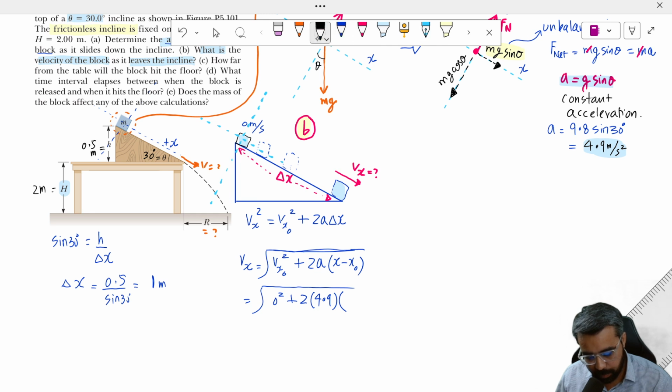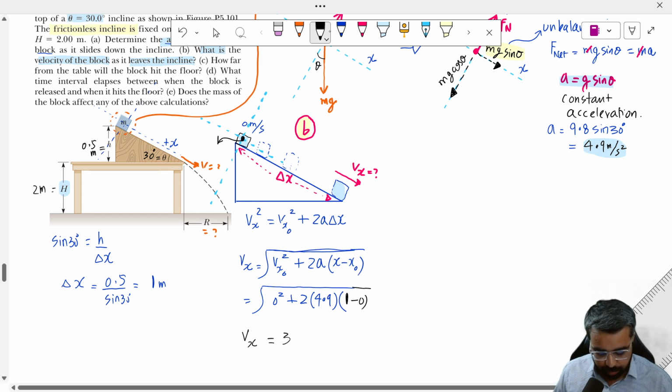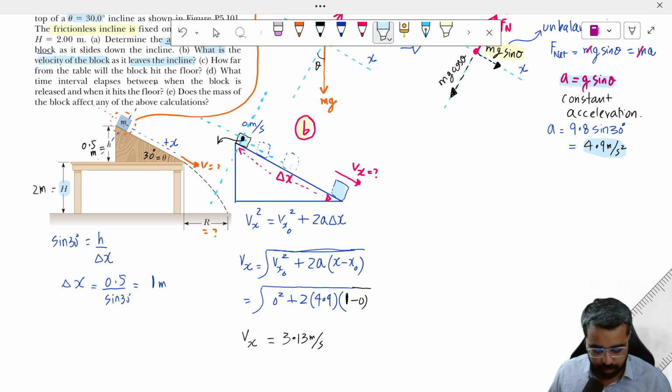So this is our origin, where its initial position is 0 and final position is how much? That is 1 minus 0. This is the displacement covered. So that's why the velocity will be 3.13 meters per second, the velocity of this block.